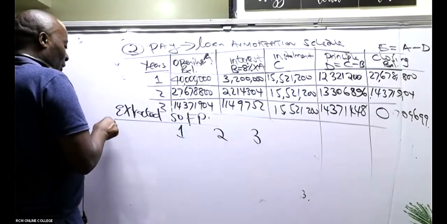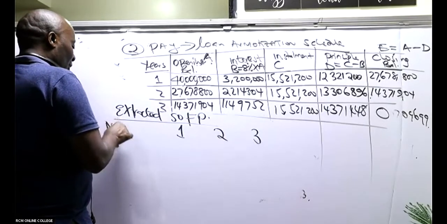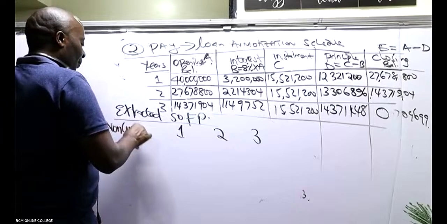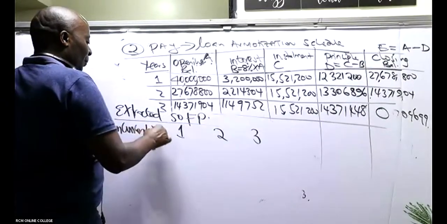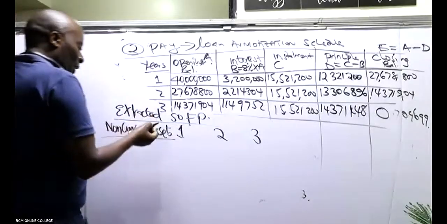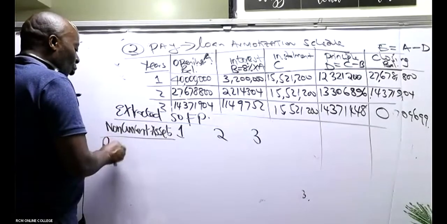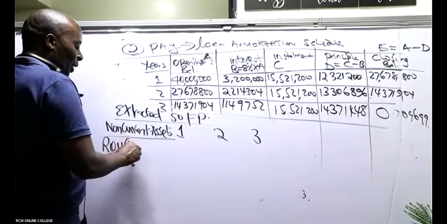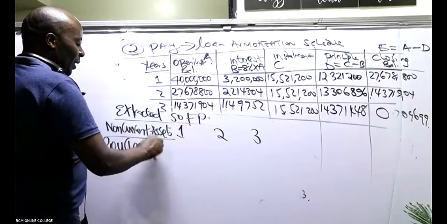First of all, you start with non-current assets. The non-current assets, you shall always begin with this leased asset. We call it ROU, right of use. You can just simply put there leased asset.